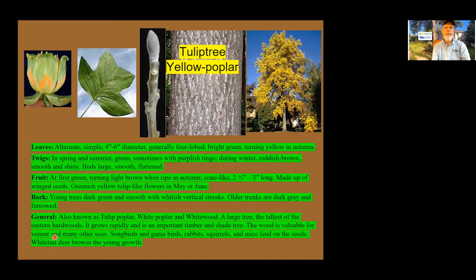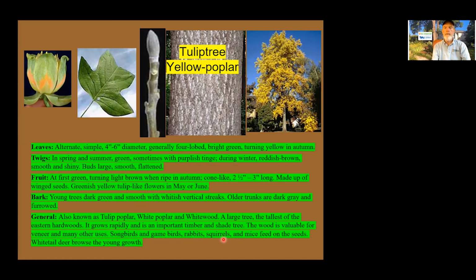I like to read about the general issue, or generally what the tree is like. The tulip poplar is also called a white poplar or white bud, and it's a large tree. It's our state tree, basically, for Tennessee. It grows very quickly. It's easy to start, and the wood is valuable for veneer and other uses.